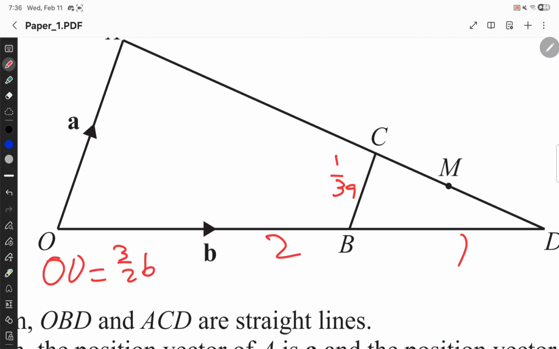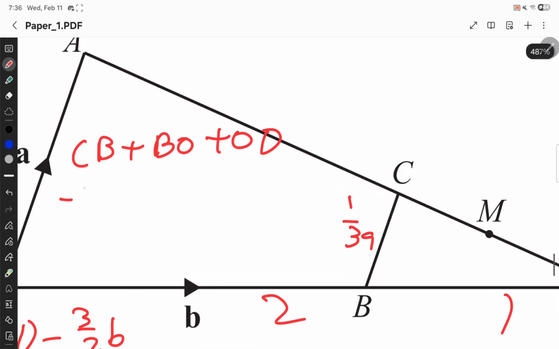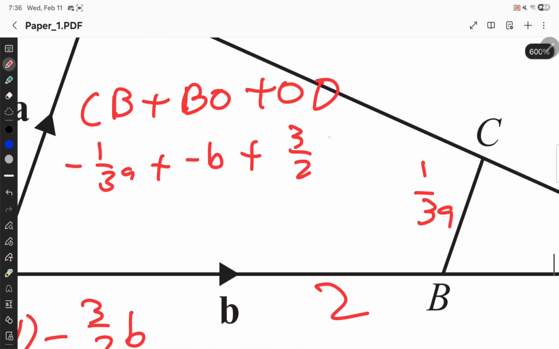Now finally we can find m. You know how excited I am. Now we can get from C to D by CB plus BO plus OD. CB is negative a third a, plus BO is negative b, plus OD is 3 over 2 b.